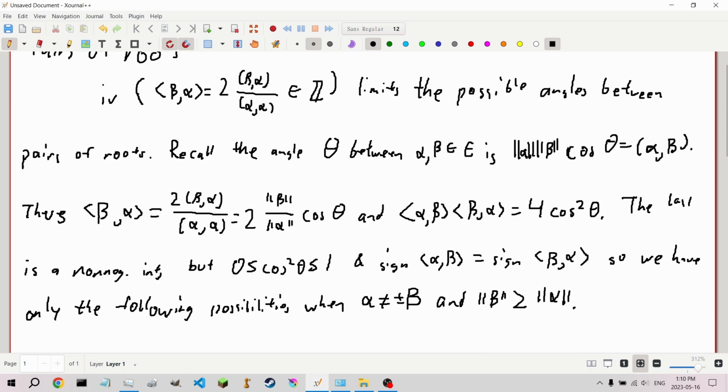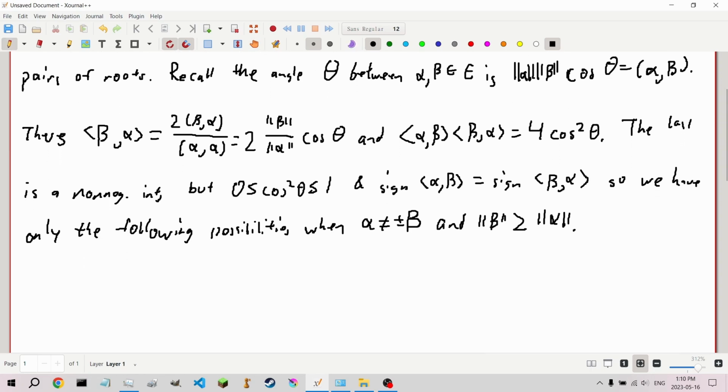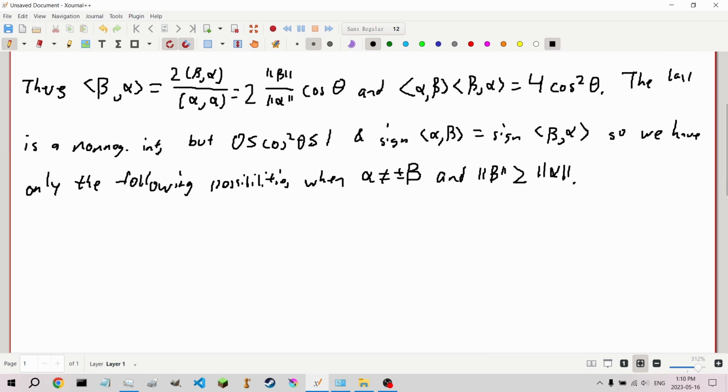Now I need to copy out a table, so that's going to be a new exciting adventure for me. First column, we have the bracket of alpha on beta. In the second column, we have the bracket of beta on alpha. We have the angle it generates, and we have the size of beta squared over the size of alpha squared.